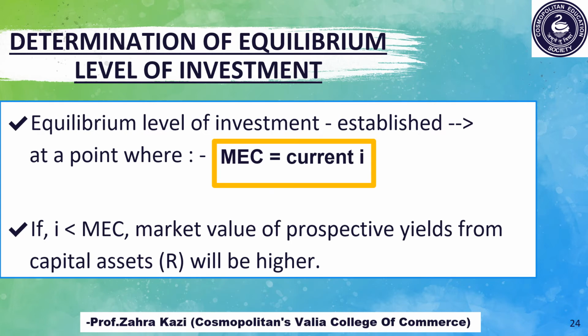So the equilibrium level of investment will be established at a point where MEC becomes equal to the current rate of interest, which is denoted by small i. In case the rate of interest is lower than MEC, the market value of expected prospective yields from the capital asset will be higher.